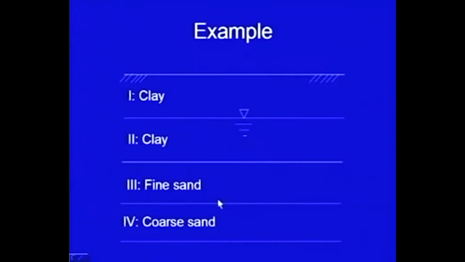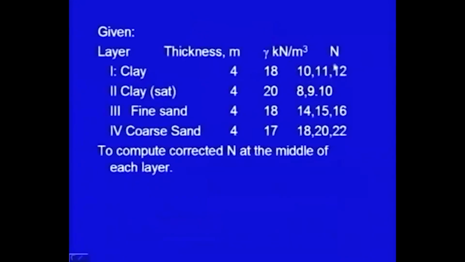When you conduct a field investigation program, you will be doing tests at some intervals or at some predetermined depths, and I have assumed that these N values are available at the mid of the layers. For example, at the first, second, third and fourth layers, at the mid of the layer, these are the representative N values.